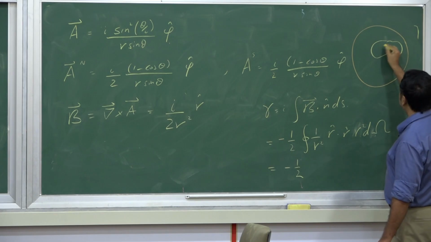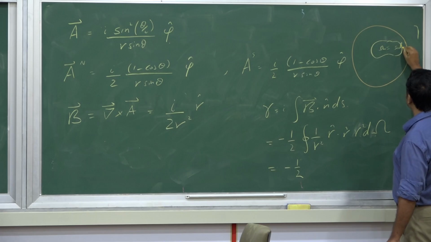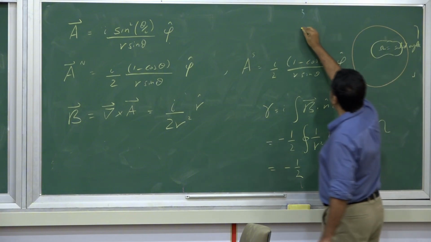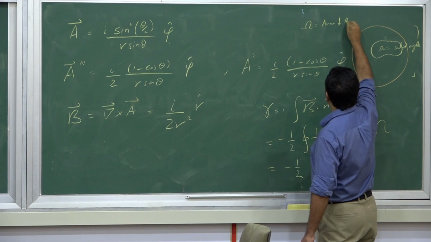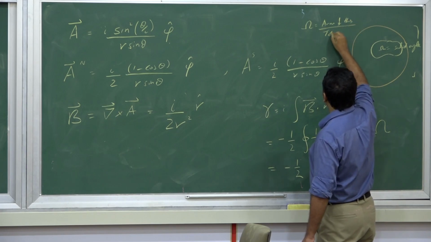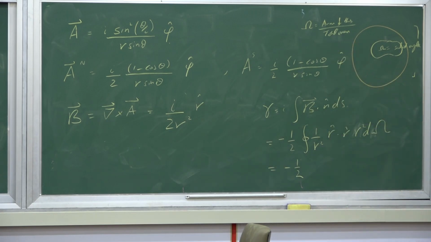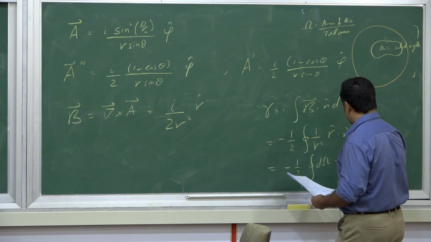So suppose this has some area, some solid angle omega, which is just the area of this divided by total area. So everything is cancelling. I'm just getting this solid angle.